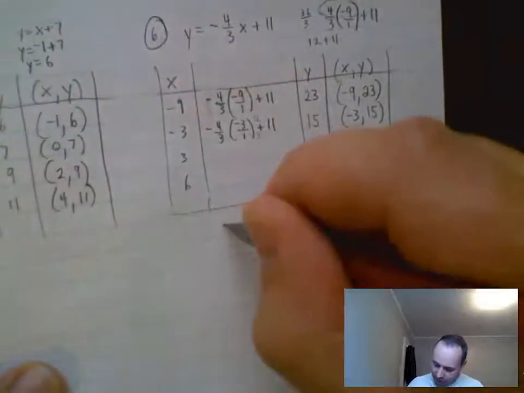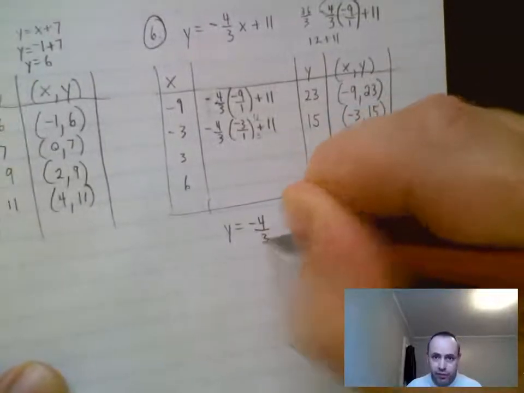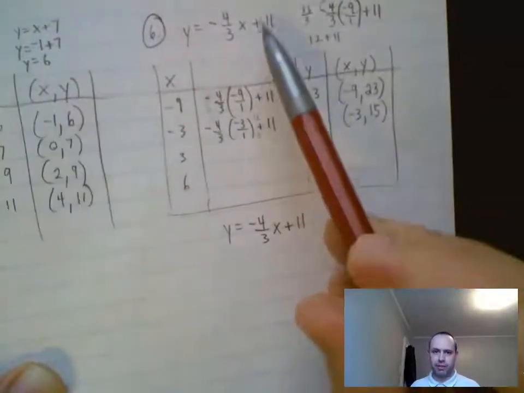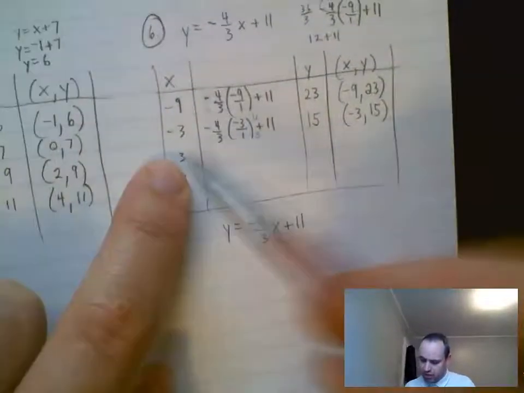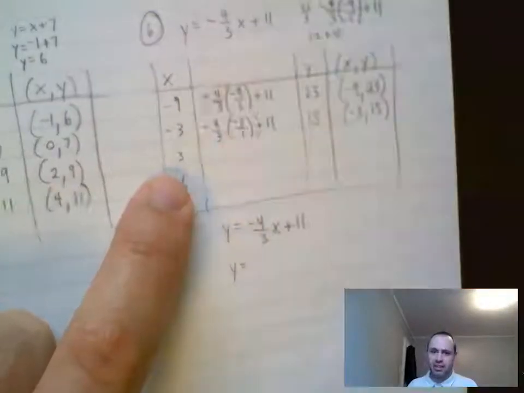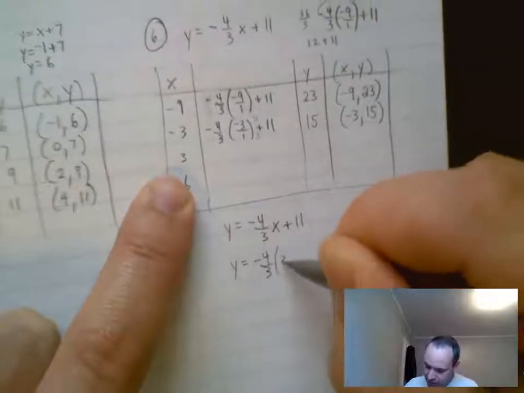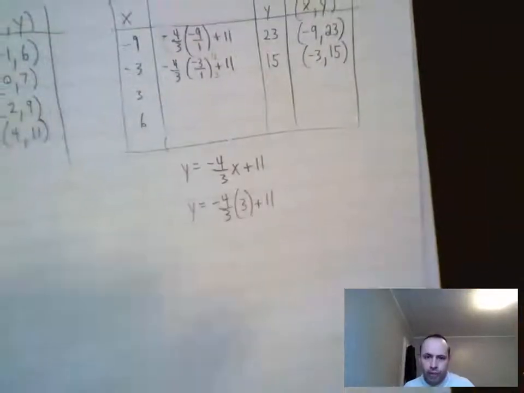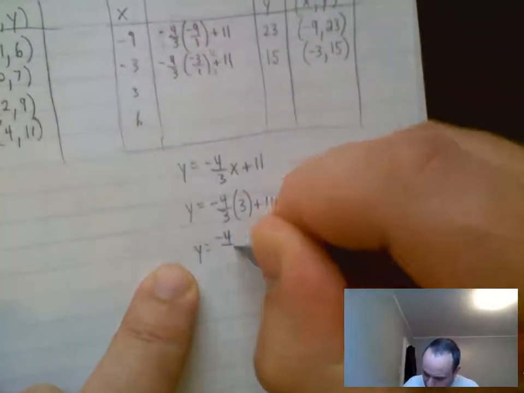Okay, now this third one I'm going to show really clearly here in case anyone's confused. So I'm just going to write down the equation that we're given up here. And I'm going to take the number we're given, which is a 3. And 3 is an x value, so we're going to go ahead and plug that in. That x is going to be a 3. Okay, we've talked about how 3 really means 3 over 1.